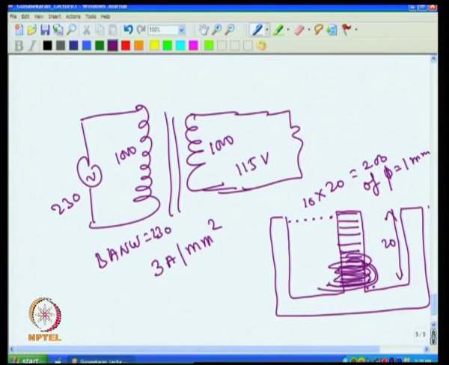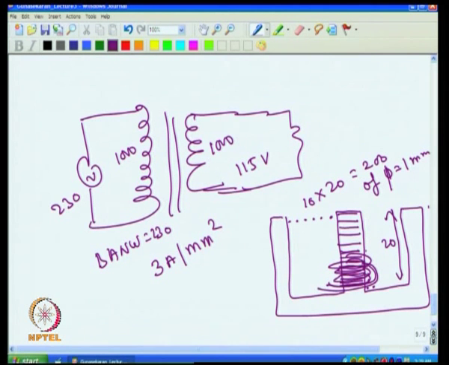Because we know that half the window of the transformer is occupied by the primary, and the other half we allot for the secondary, since the total area occupied by the secondary is equal to the total area occupied by the primary. So normally we allot half the area for the primary, the other half for the secondary.